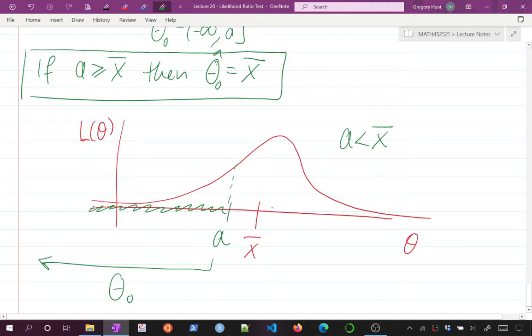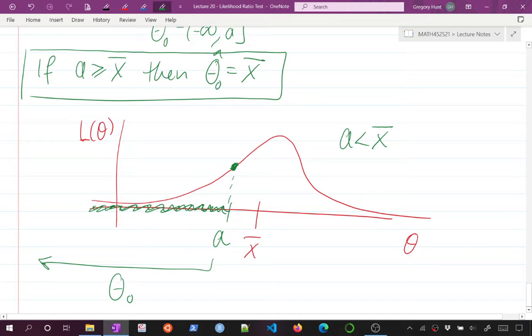And the restricted one? Now x bar doesn't end up in my null hypothesis set. So the restricted MLE is not also x bar, because x bar is not in my restricted null hypothesis space. Instead, I want to pick the value in this shaded region that maximizes my likelihood. Well, it's the value at the edge here, right?